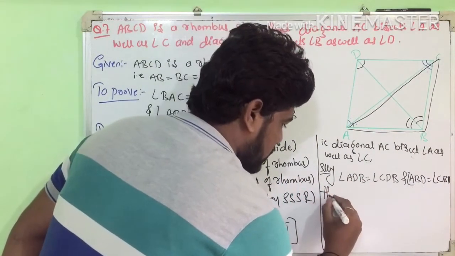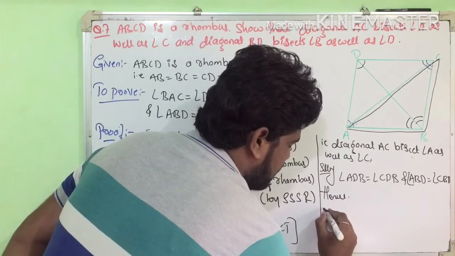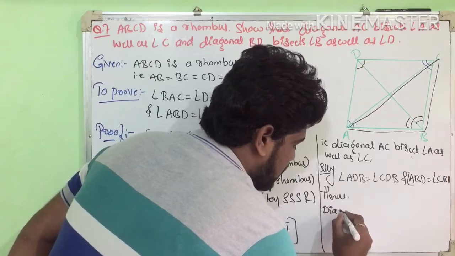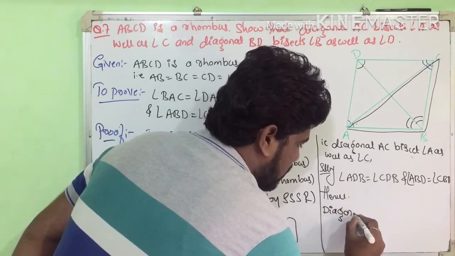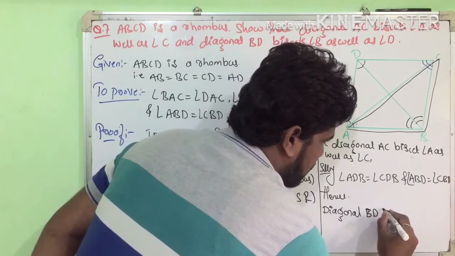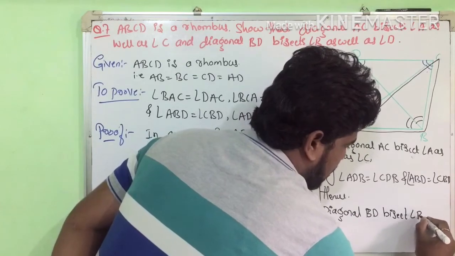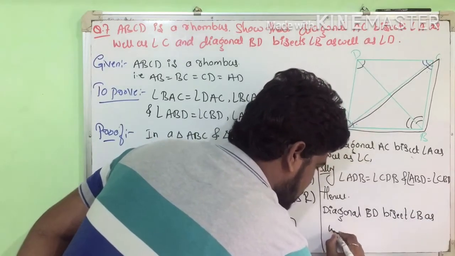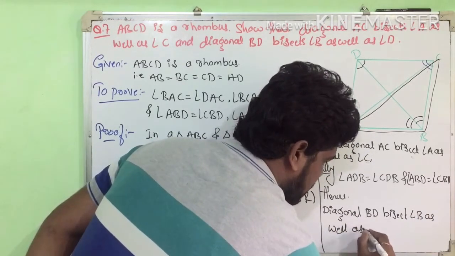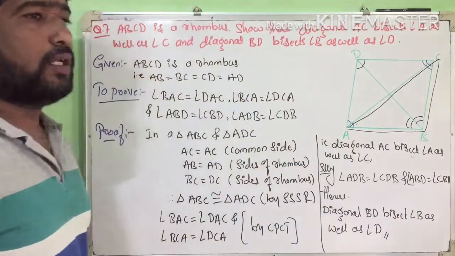So hence diagonal BD bisects angle B as well as angle D. Hence proved. Is it clear?